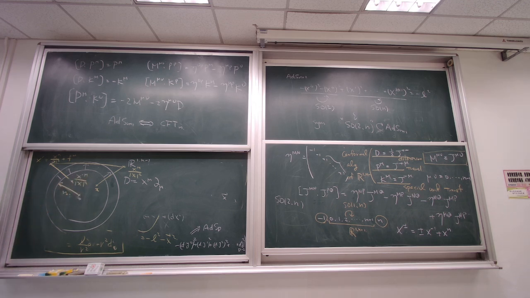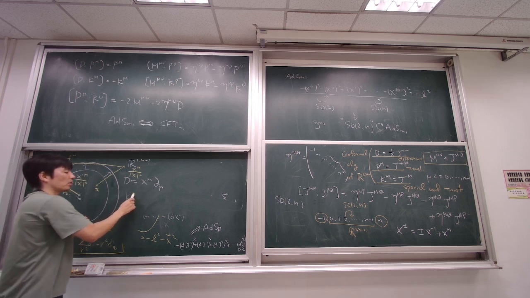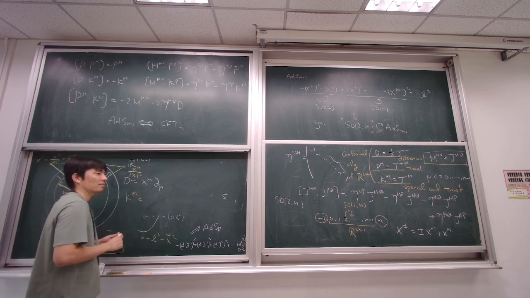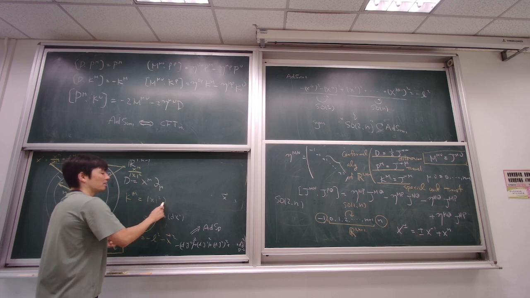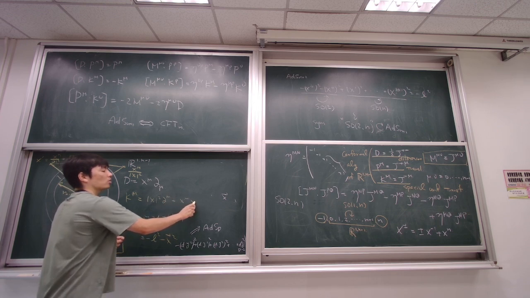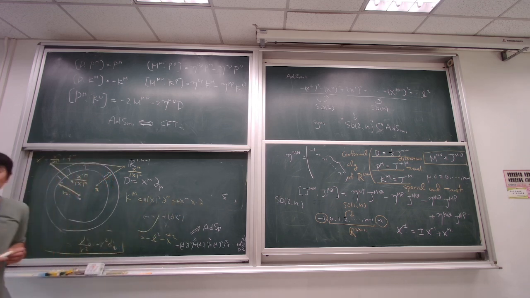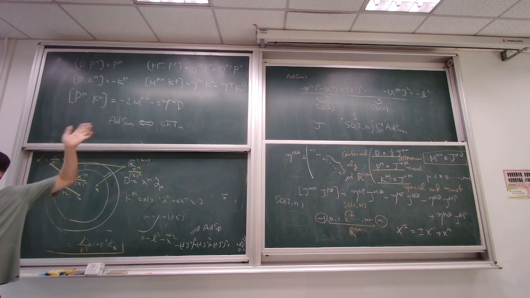Those are called special conformal transformations. If you consider the infinitesimal version, K_mu is something very complicated, and I don't remember the details. They obey this kind of commutation relation.